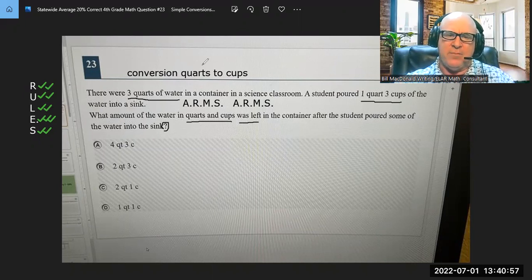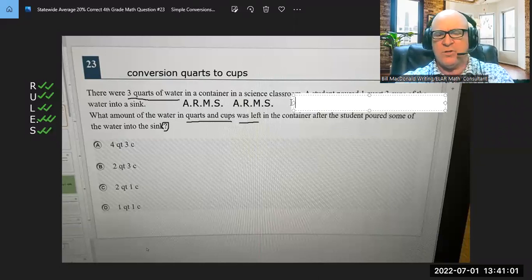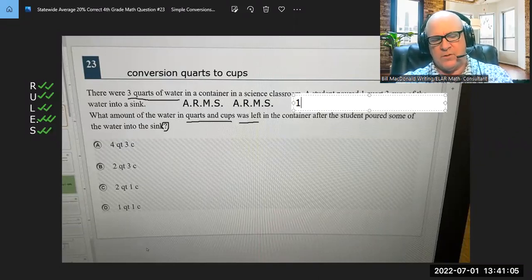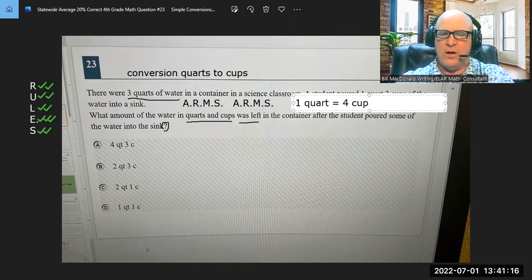So the next thing I'm going to suggest you do is say, okay, let's remember our conversion. Let's go to our conversion chart that says 1 quart equals 4 cups.